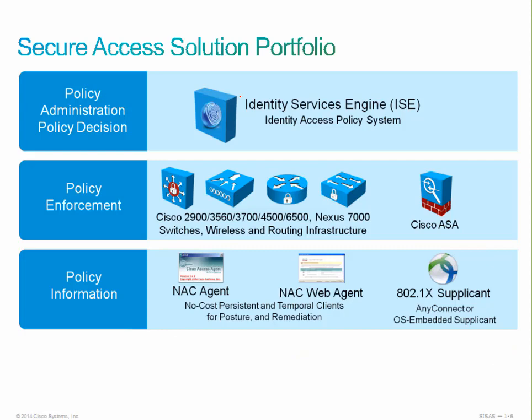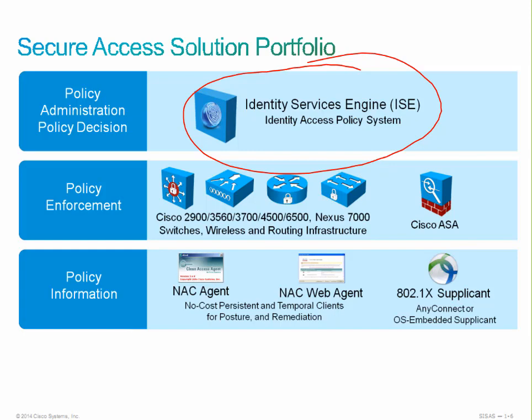So what are the portfolio products that provide that? Obviously, the heart of the entire architecture is ISE, Identity Services Engine. This gives us our centralized management. We have our policy platform, context-aware access control, all the decisions that we're going to make based on whether somebody is connecting over the wired network or over a wireless network.